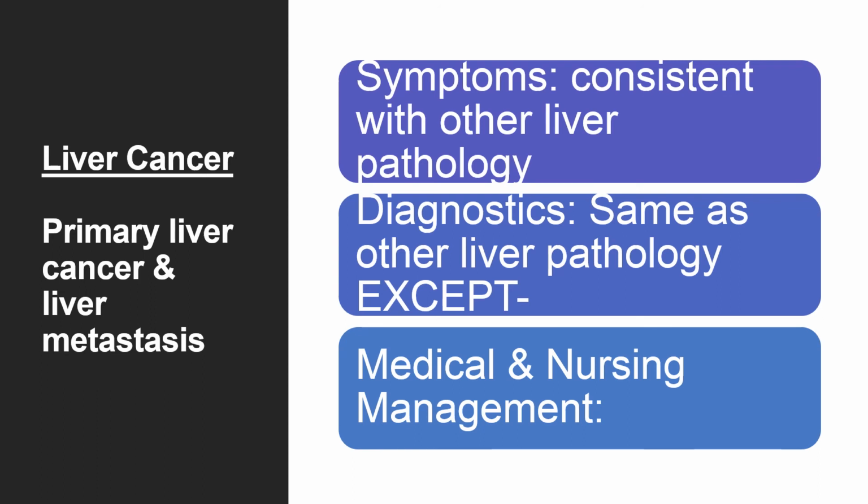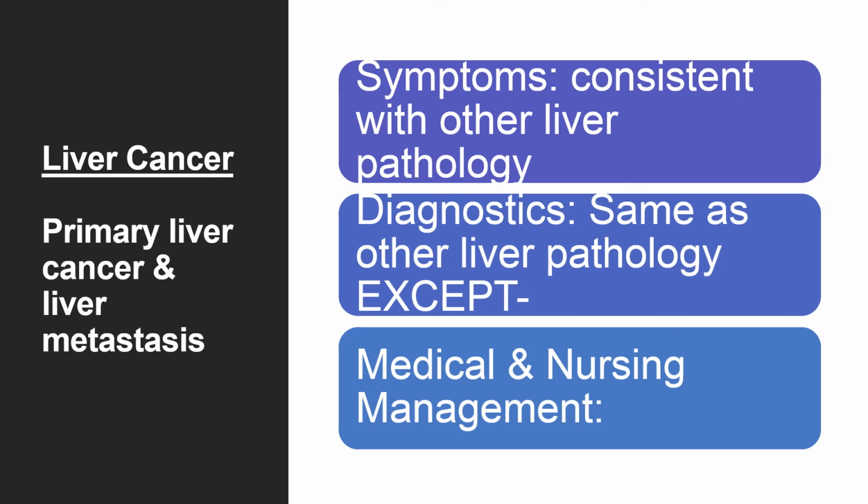Primary liver cancer is usually associated with chronic liver disease, hepatitis B and C infections, and cirrhosis, but there are other less common causes. Metastasis from other sites is more common than primary liver tumors.